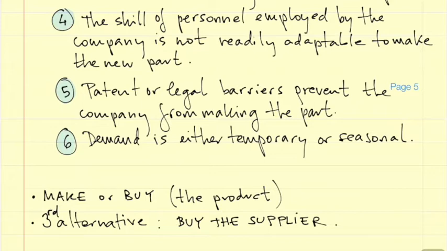If the product is strategic enough, and if the product is something that is going to be a breakthrough and you need it, and the supplier is a small firm that is just looking for growth, you can just call the owner of the supplier company and make him an offer for their company.